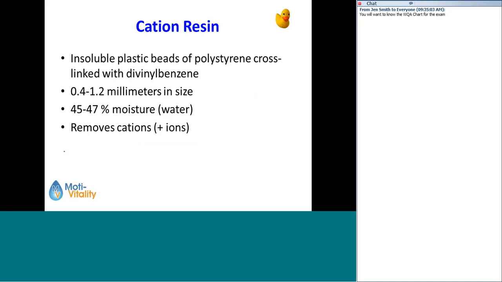So going back to cation resin, these are insoluble plastic beads of polystyrene cross-linked with divinyl benzene. In 15 years of doing this, I've had people ask me what resin is. What is that stuff in there anyway? Being able to say they're insoluble plastic beads of polystyrene cross-linked with divinyl benzene makes me feel smart, but doesn't mean anything to the customer.